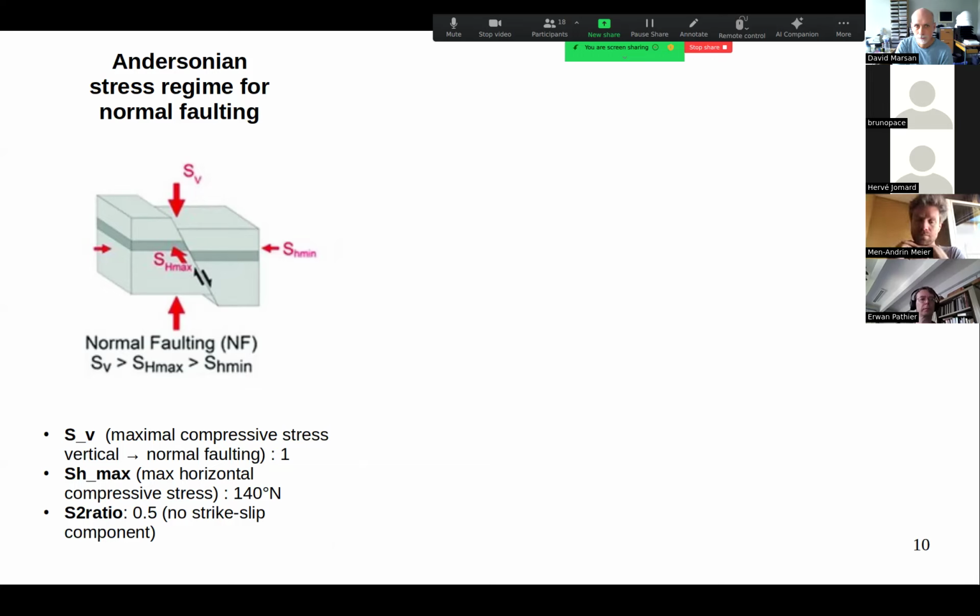We can change SV, which is the maximal compressive stress, vertical, and here it is 1 because we are working on normal faulting. SH is the max horizontal compressive stress. I calculated it and it was 140 degrees north. And the S2 ratio here is 0.5 because there is no strike slip component. It's a real normal faulting.